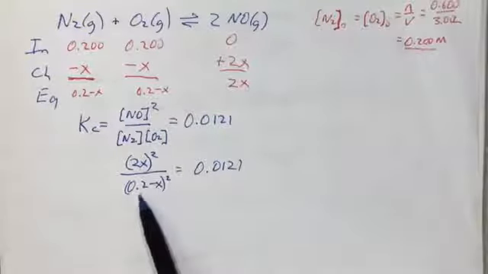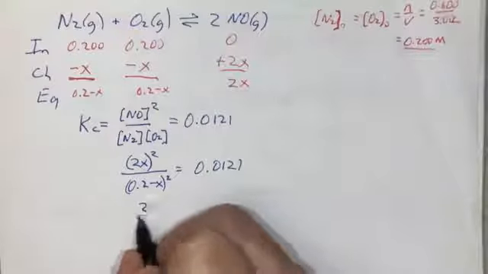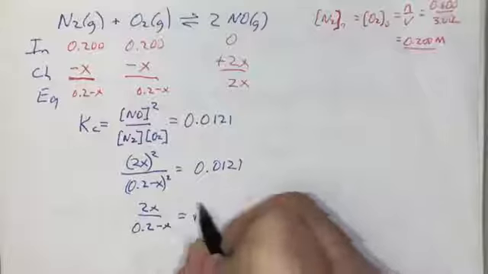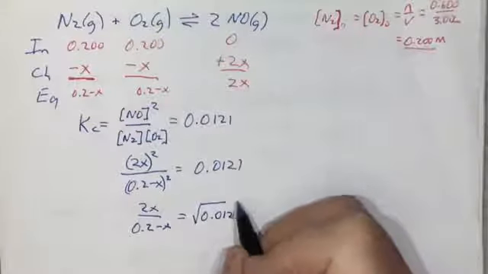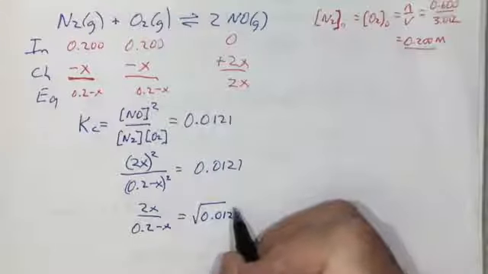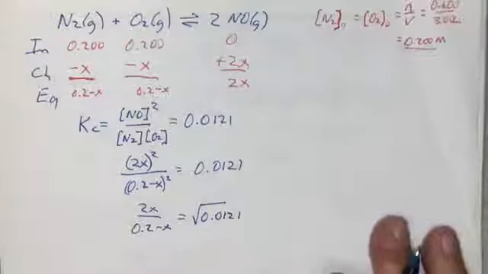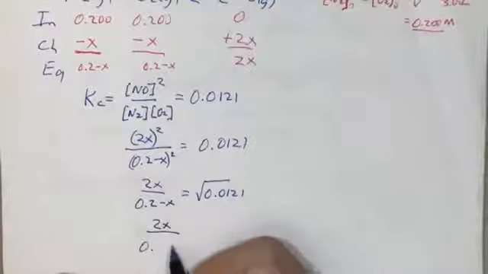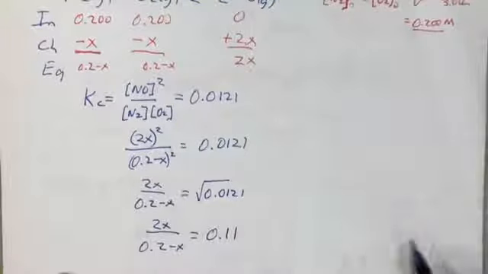When we take the square root of both sides, we will have that 2x divided by 0.2 minus x is equal to the square root of 0.0121. Okay, so we take the square root of that, and here's what we get. 2x divided by 0.2 minus x is equal to 0.11.